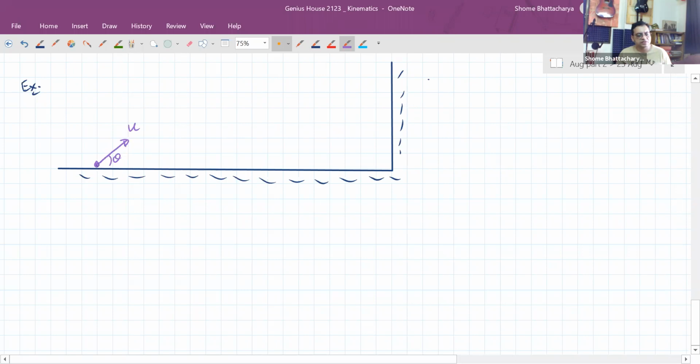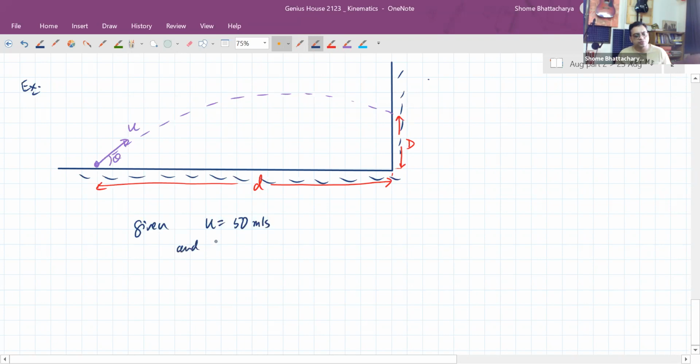So suppose something like this is happening. Suppose this distance is given to us, and u and theta are given to us, and we have to calculate this height at which it hits. Given that u is, let us say, 50 meters per second, and the angle of projection is 45 degrees.